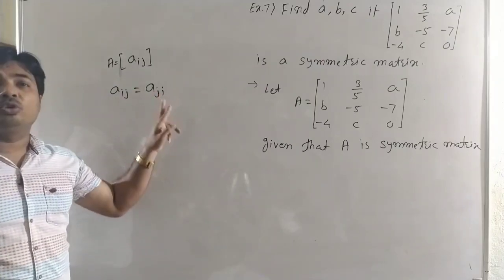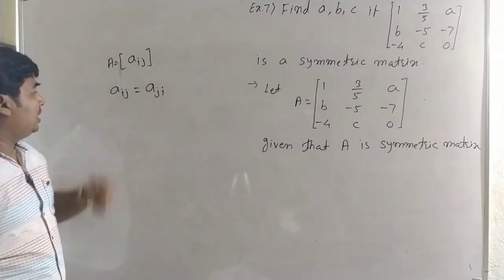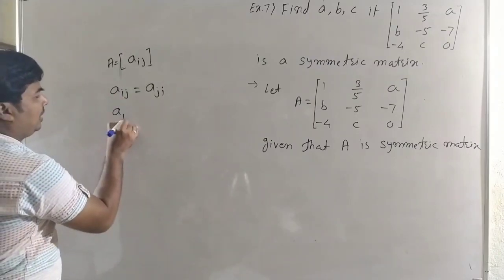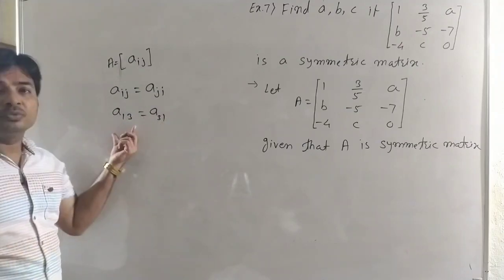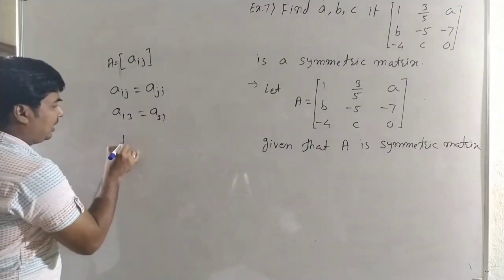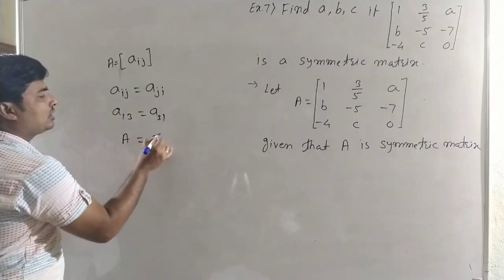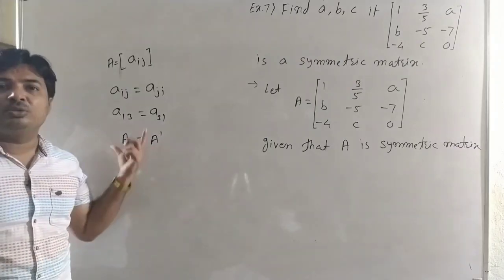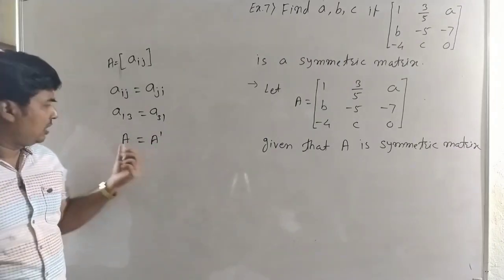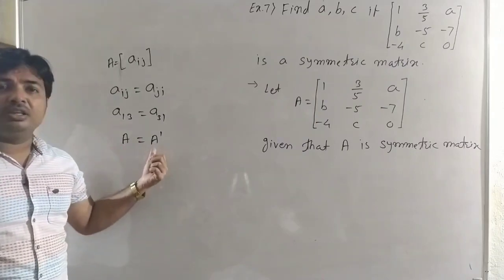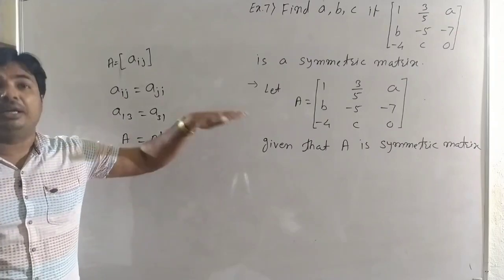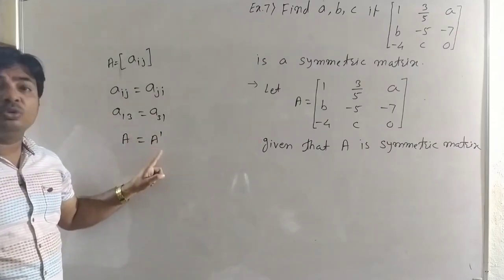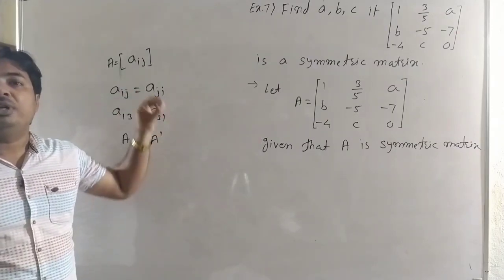For example, A13 is equal to A31. That is, A is equal to its transpose, A is equal to A dash. A matrix equal to its transpose is a symmetric matrix.